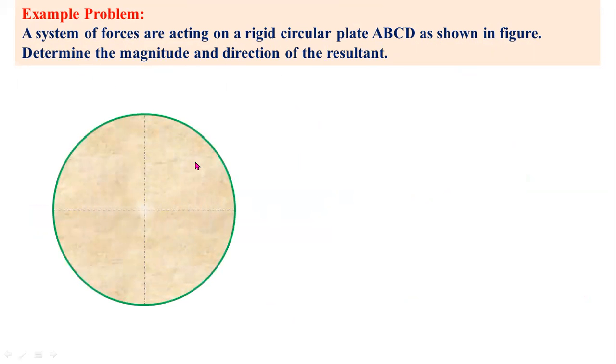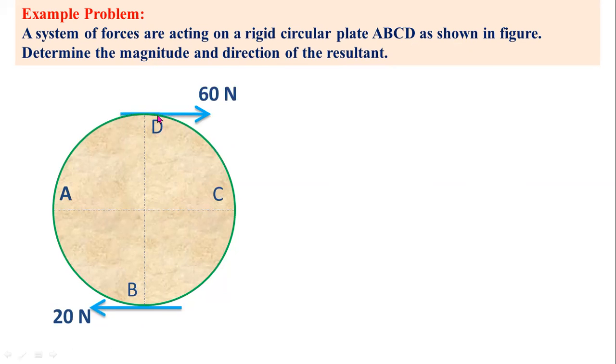Here this is a circular plate A, B, C, D. A horizontal force 20 newtons is acting at point B. This is a horizontal force. And another horizontal force 60 newtons is acting at point D.